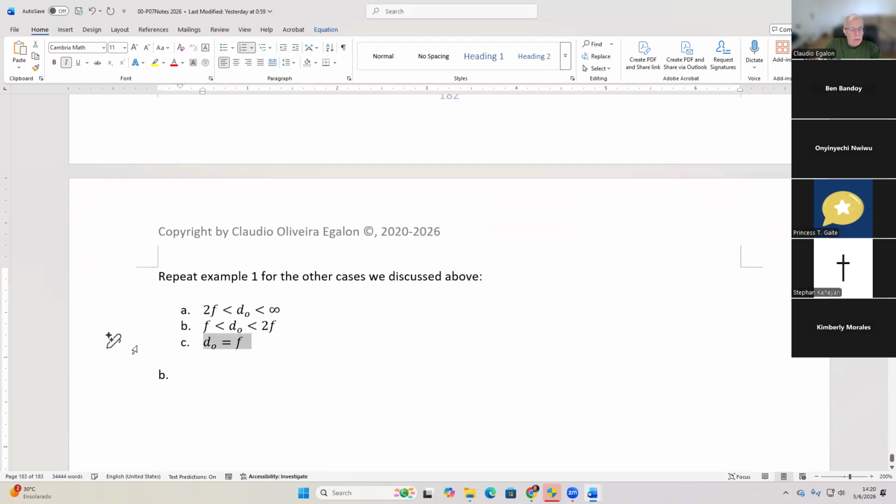D naught less than F, greater than 0. You can do that at home, doing mathematical arguments.